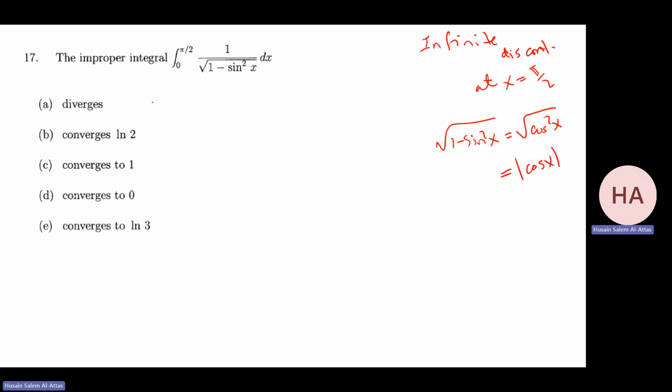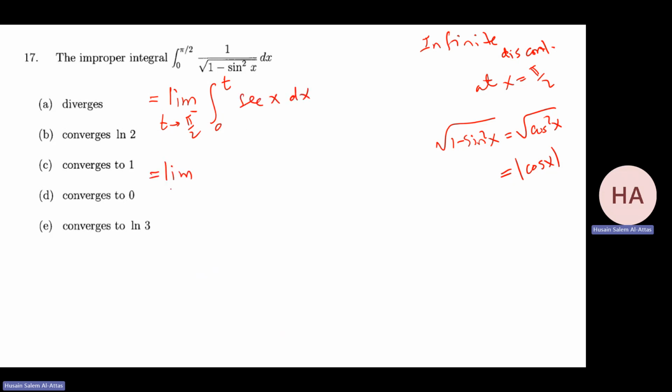So that will be limit as t goes to pi over 2 from the left of the integral from 0 to t of 1 over cosine, which is secant x dx.